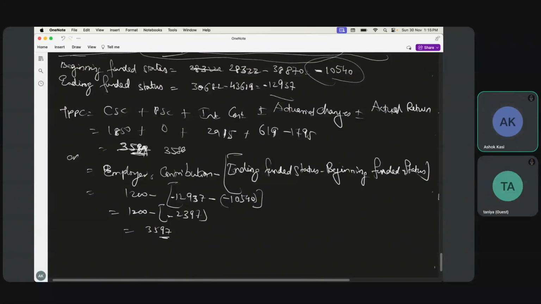So it's 3589 only here. 12937 minus 10540 is 2397, and then add 1200.